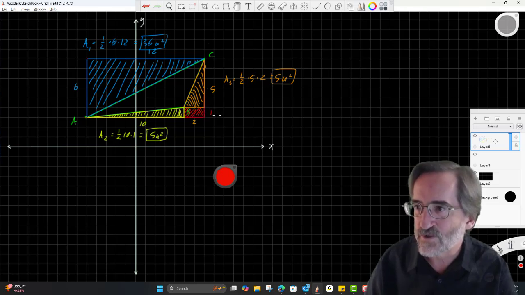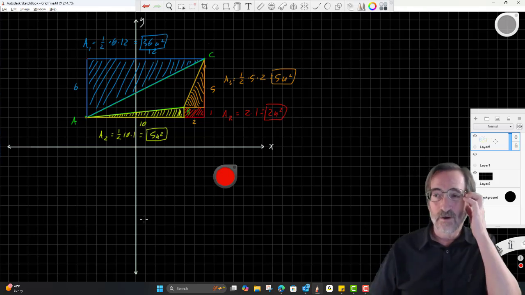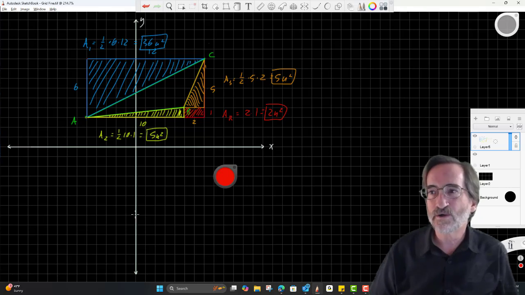This little rectangle is 2 by 1, so the area of the rectangle, we'll call it AR, is 2 times 1, or 2 square units. Okay, and so here's what we're going to do.